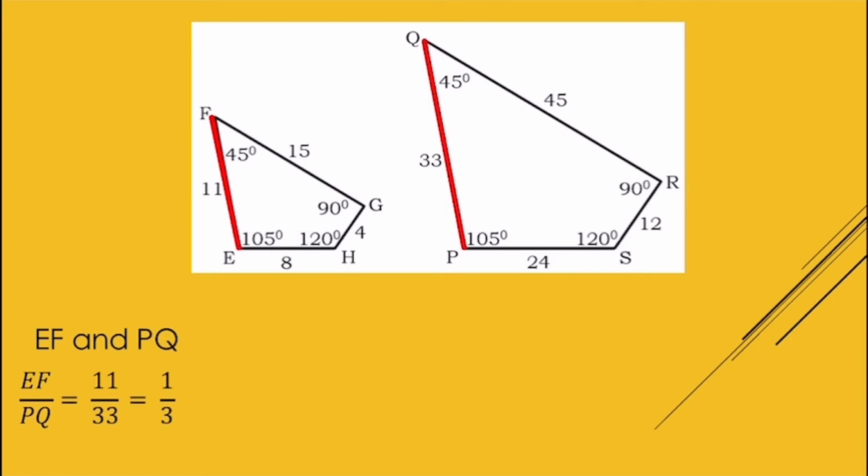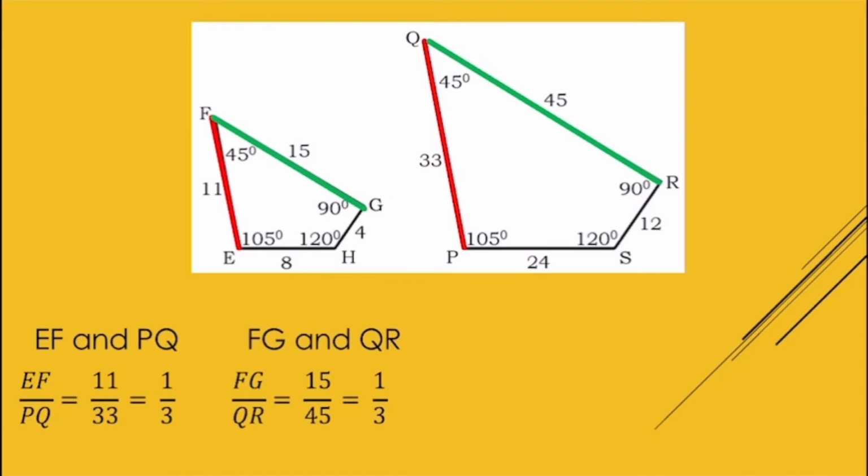Next, corresponding sides, let's get line segment FG and line segment QR. So to find the ratio of corresponding sides, we will have FG over QR and substitute the values we have: 15 over 45. And the lowest term also is 1/3.